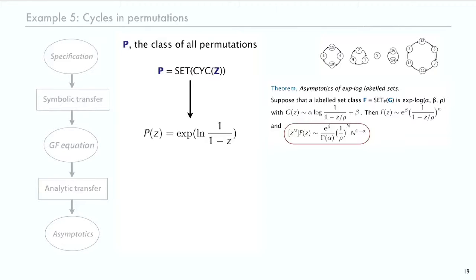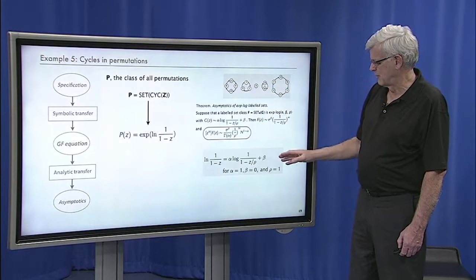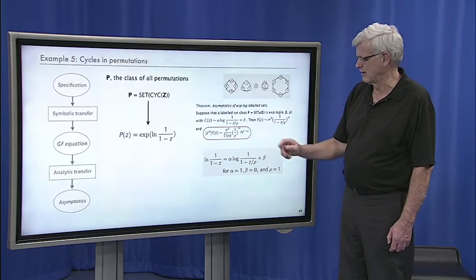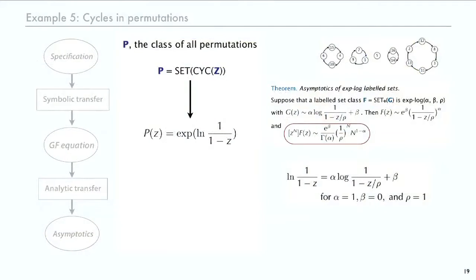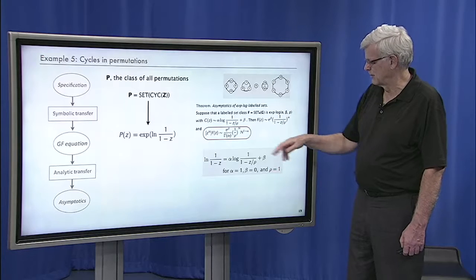Now what we want to do is calculate the alpha, rho, and beta, but those are immediate because in this case it's not an approximation. The thing that's raised to the e's raised to that power is log of 1 over 1 minus z. So that's alpha equals 1, beta equals 0, there's nothing added on, and rho equals 1.